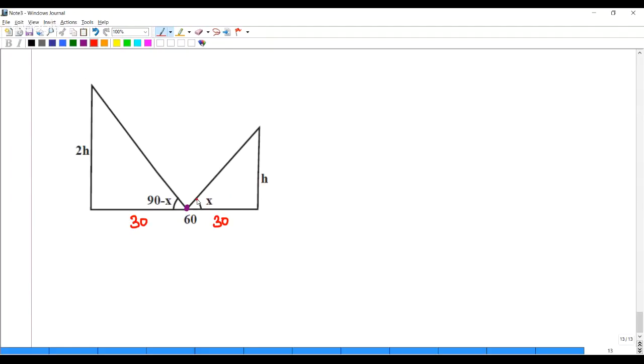If you take cot x, it will be adjacent by height. If you take tan 90 minus x, that is also cot x only, but it is 2h by 30. Now equate both of them.